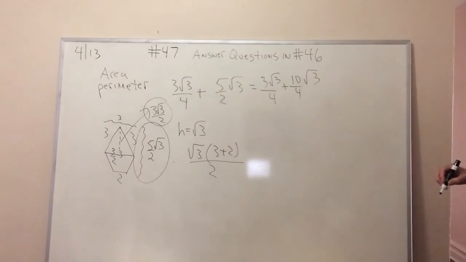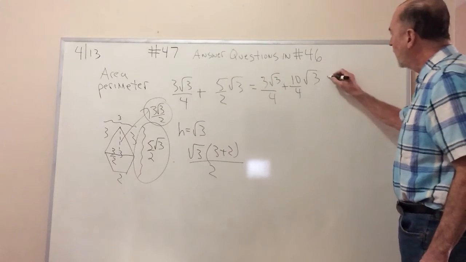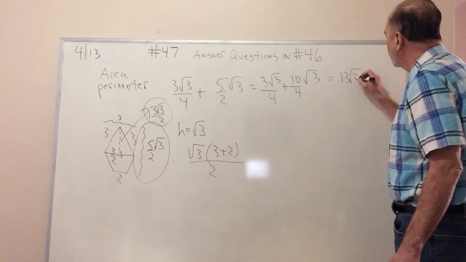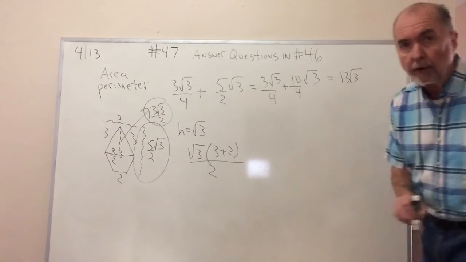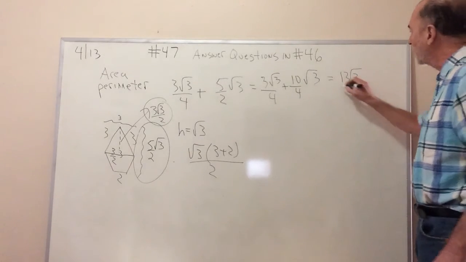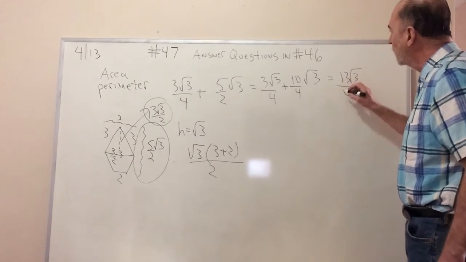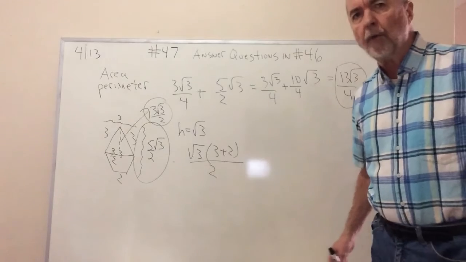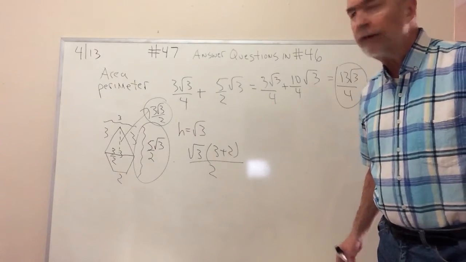And now I can add them together, and the area of this particular pentagon is 13 radical 3 divided by 4. Are we good still? There's the correct answer.